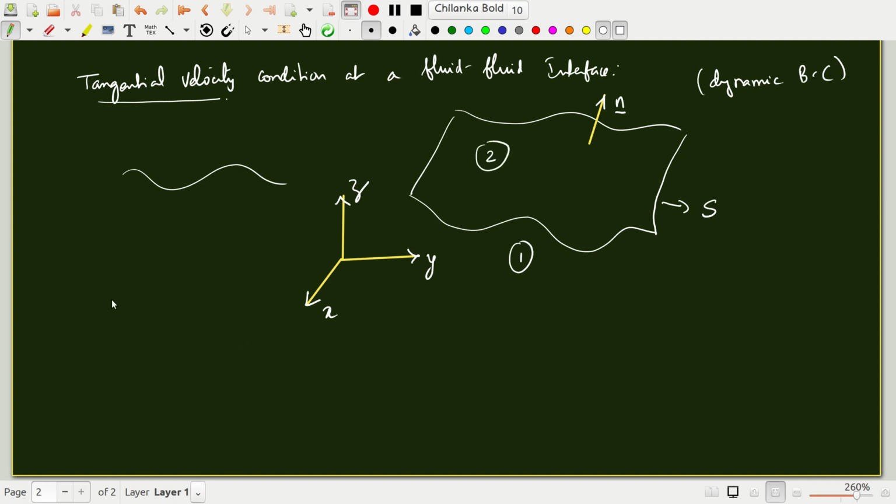Now to find the tangential velocity, the total velocity vector in the fluid is u. The normal velocity is u dot n. If I multiply the normal velocity component by the unit vector n itself, and remove that from the total velocity, that gives me the tangential component of the velocity.